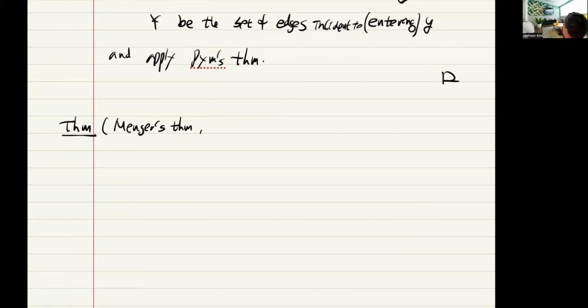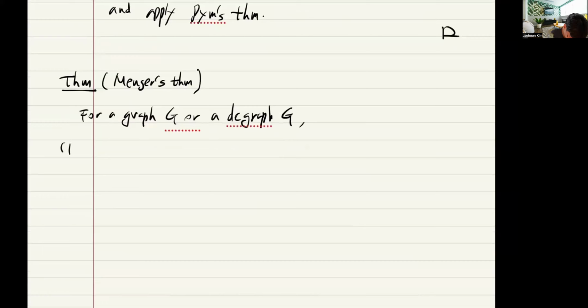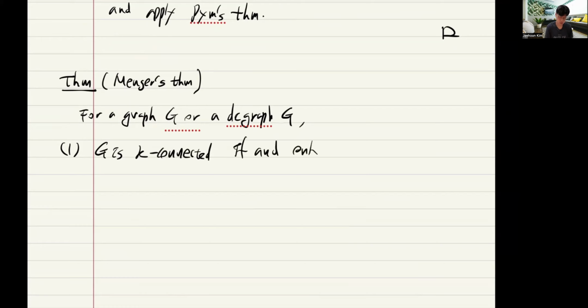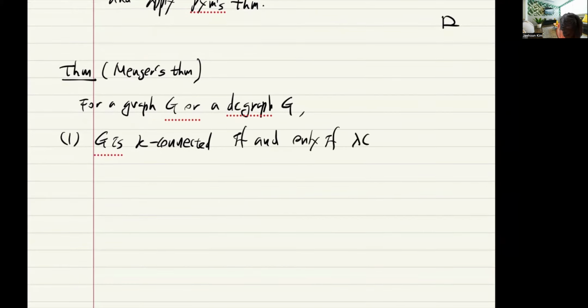For a graph G, G is k-connected if and only if lambda xy is at least k between any two vertices x and y.